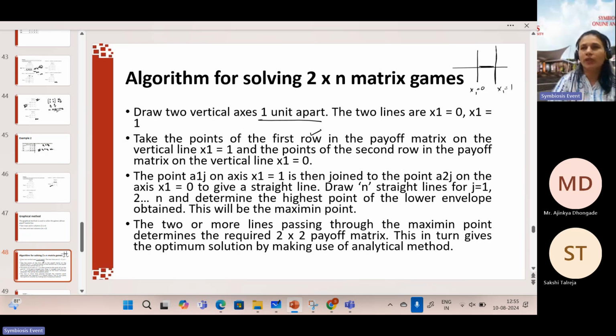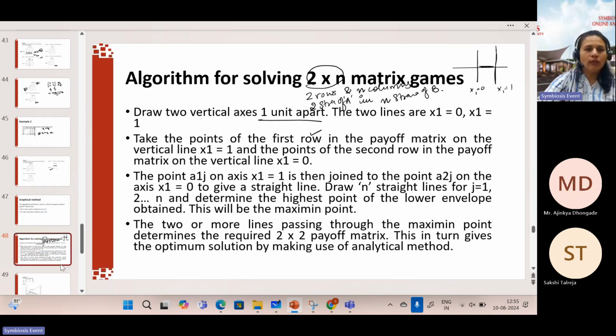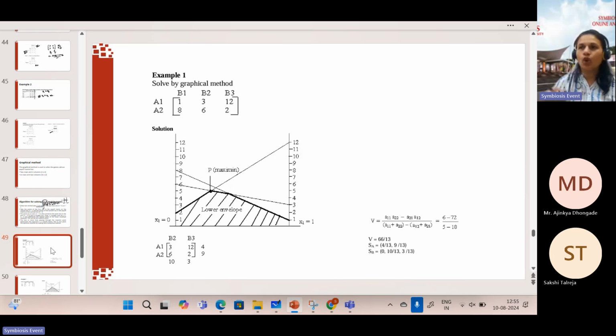Once I plot all my equations or all my given data set values, then if the system is made up of 2 cross n, that means there are 2 rows and n columns. Or another way of understanding, 2 strategies by player A against n strategies of player B, right? So this graphical method will give us some common region.